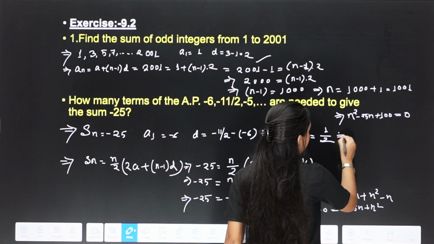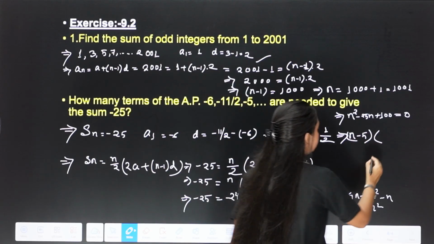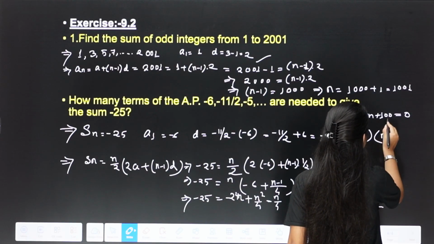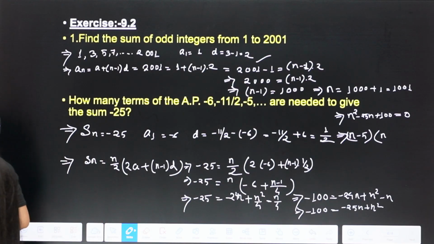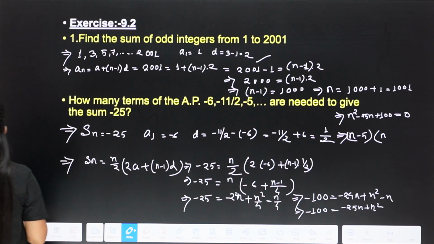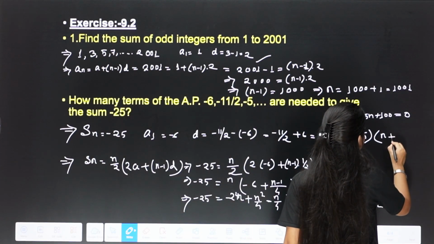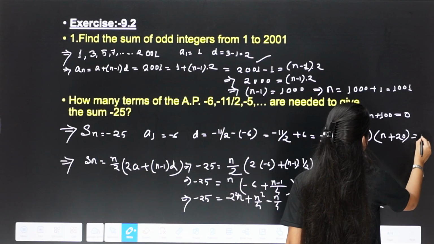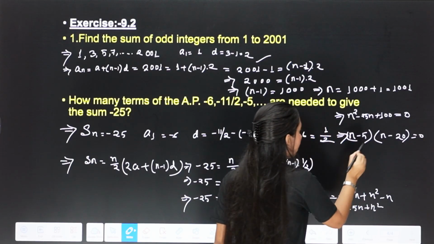And if we factorize it, we will have n minus 5 into n minus 20.